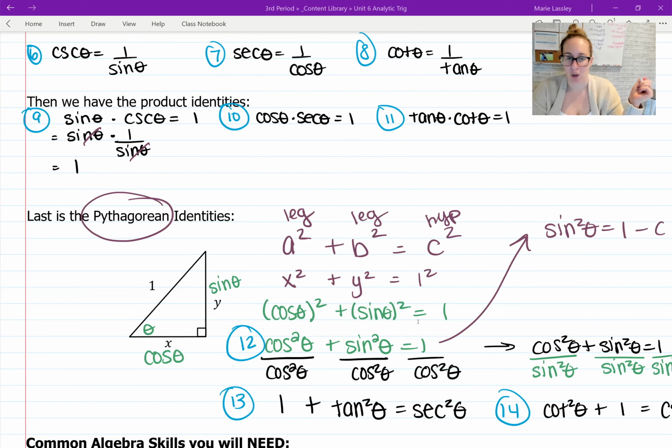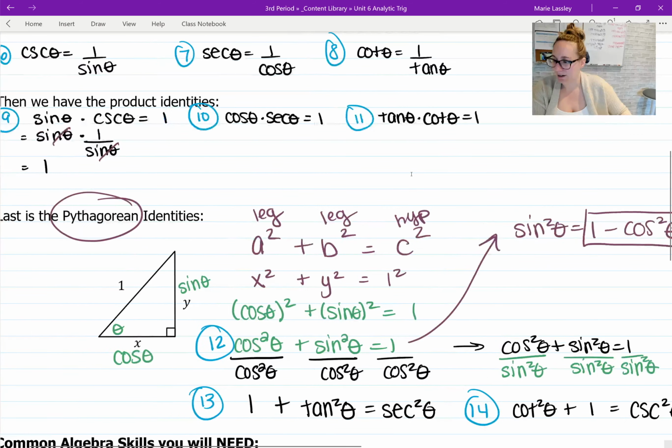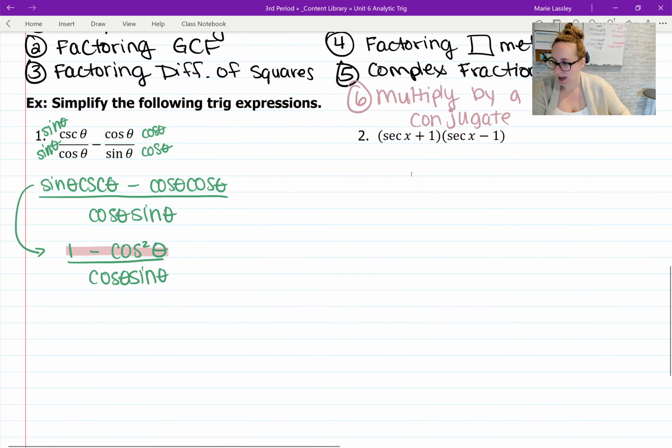All I did was subtract cosine squared from both sides. So I know that 1 minus cosine squared equals sine squared. I can go back over here and say, 1 minus cosine squared, well, that's just sine squared.